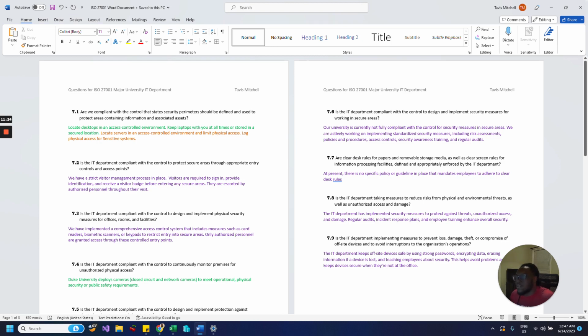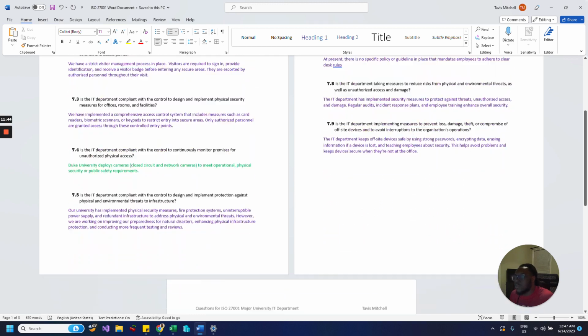All right. So they're not compliant with designing and implementing security measures for working in secure areas. So it may be somewhere that an employee is working in an area that is not secure, all right, with confidential information.